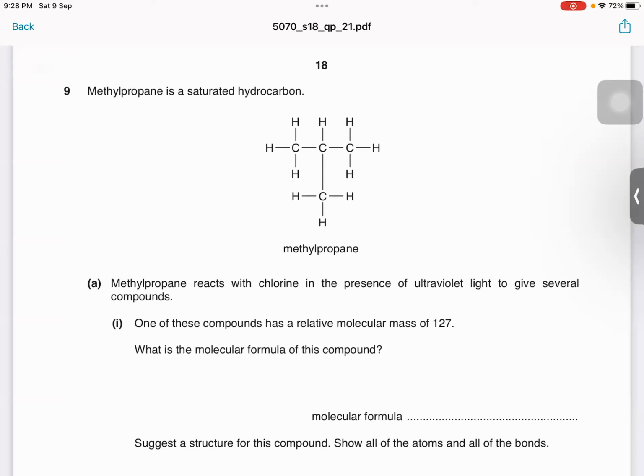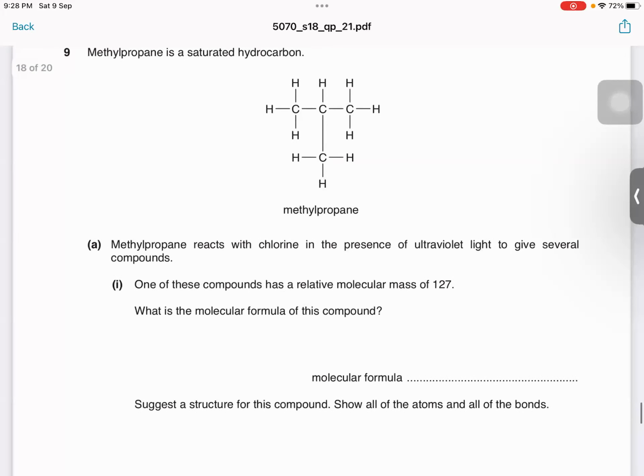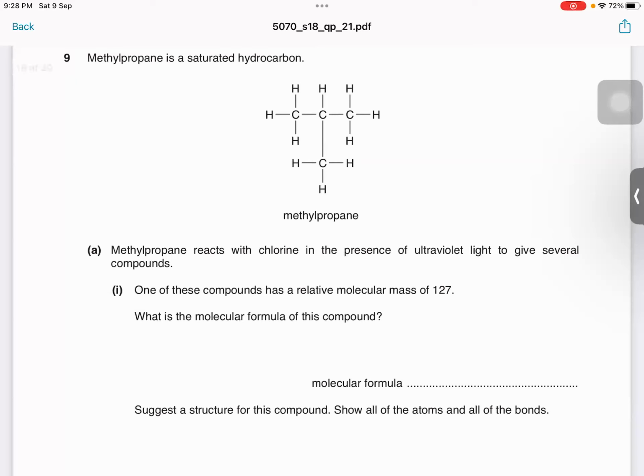Methyl propane is a saturated hydrocarbon.